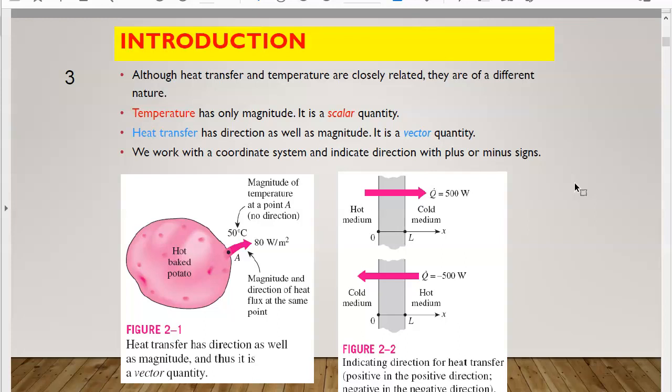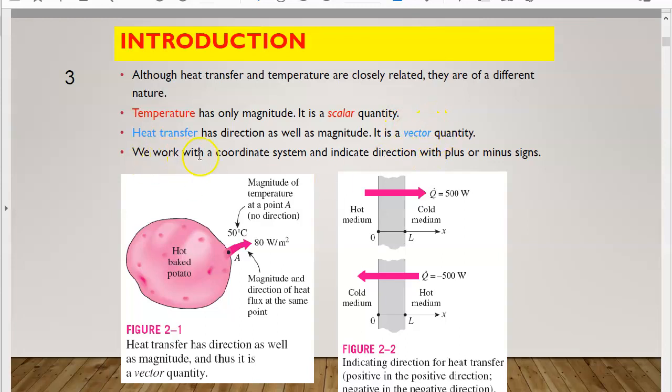Heat and temperature are closely related, but they are different in nature. Temperature has only magnitude, and it is a scalar quantity, meaning it doesn't have any direction. Temperature doesn't have any direction, but heat transfer has direction. That's why we call it a vector quantity.